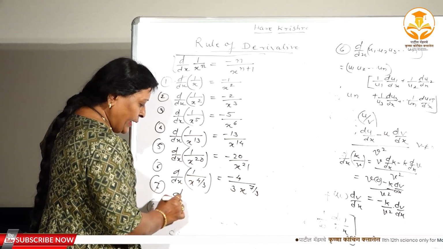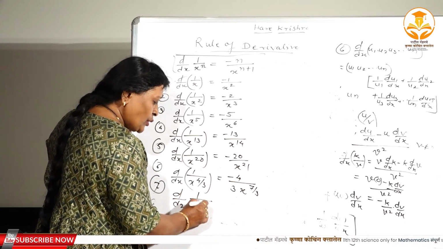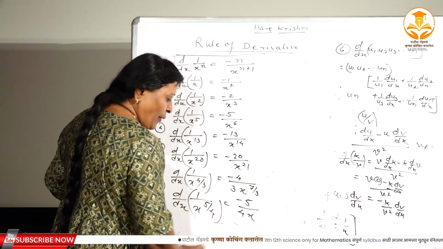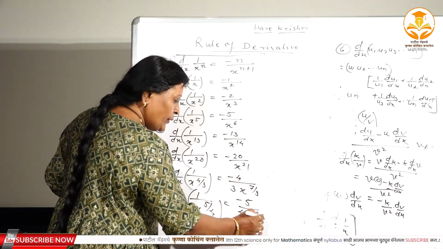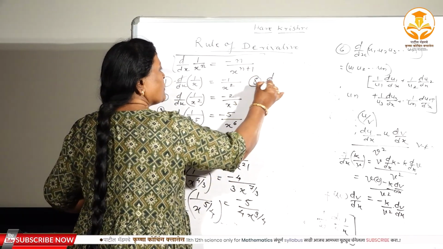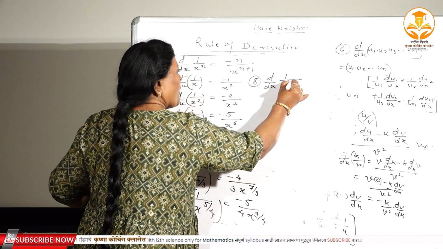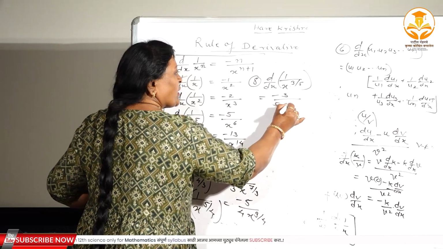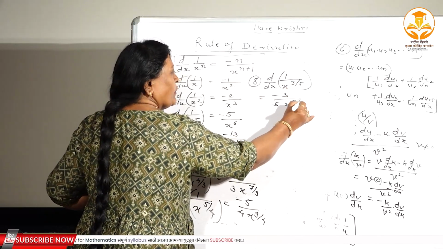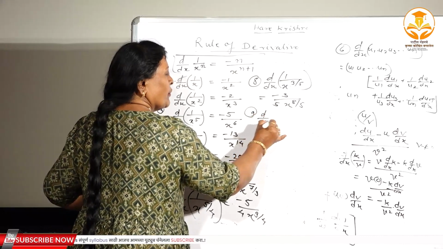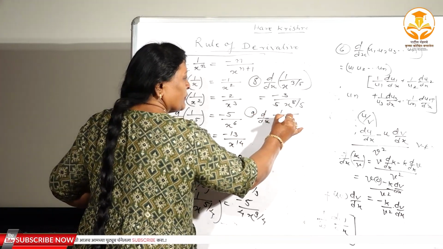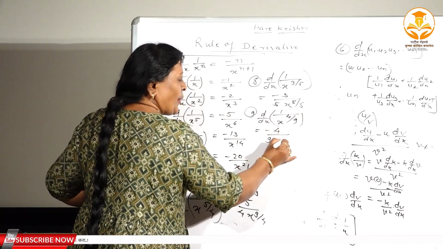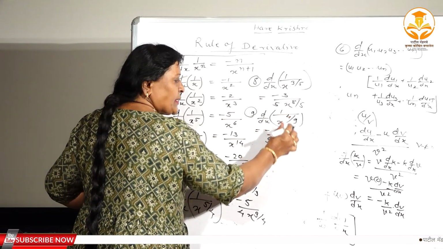आता सांगा मला d/dx of 1/x to the power 5/4 काय येईल, -n मीन्स -5/4, x to the power 5 + 4 किती 9, 9/4. व्हेरी सिम्पल. इथे 8, again d/dx of 1/x to the power 3/5. चला सांगा, -n मीन्स -3/5, x to the power 3 + 5 8, 8/5. व्हेरी सिम्पल. d/dx of 1/x to the power 4/9 काय येईल, -4/9 x to the power डिनॉमिनेटरमध्ये 4 + 9, 4 + 9 मीन्स 13.